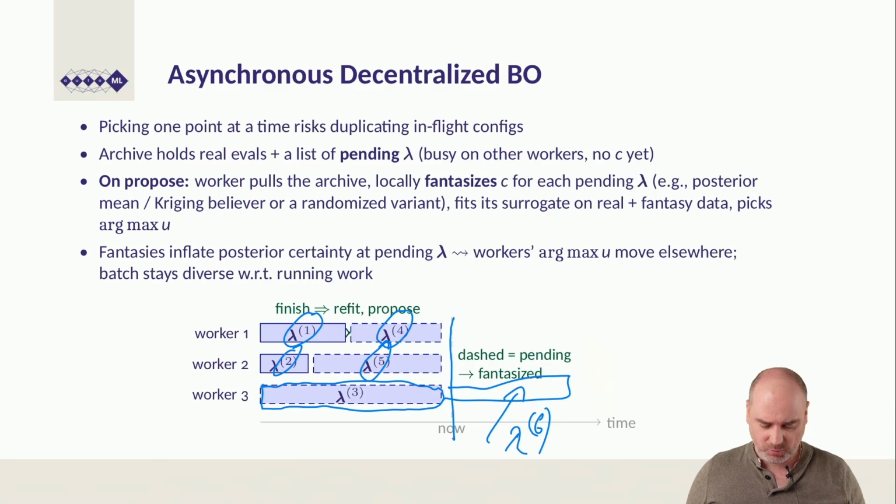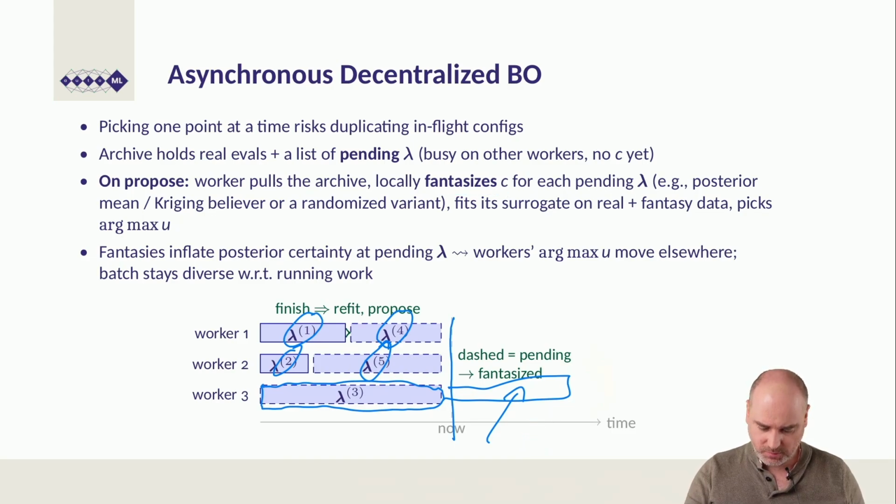So in this case, we would download the complete archive. The complete archive would contain, well, actually 5 points. Lambda 1, lambda 2, and lambda 3 are all evaluated, but lambda 4 and lambda 5 are pending, right? So for these pending configurations, we now have to do the imputation, the computation of the fantasy values.